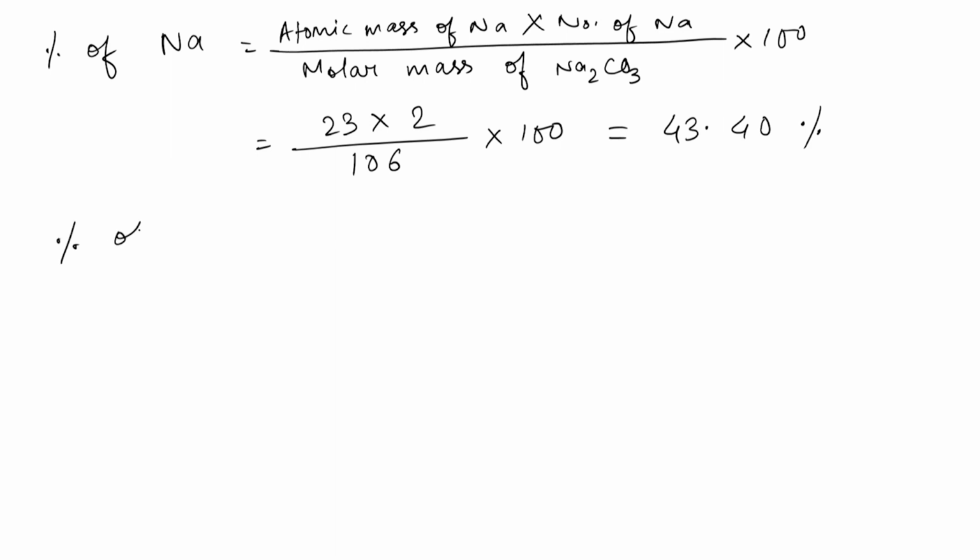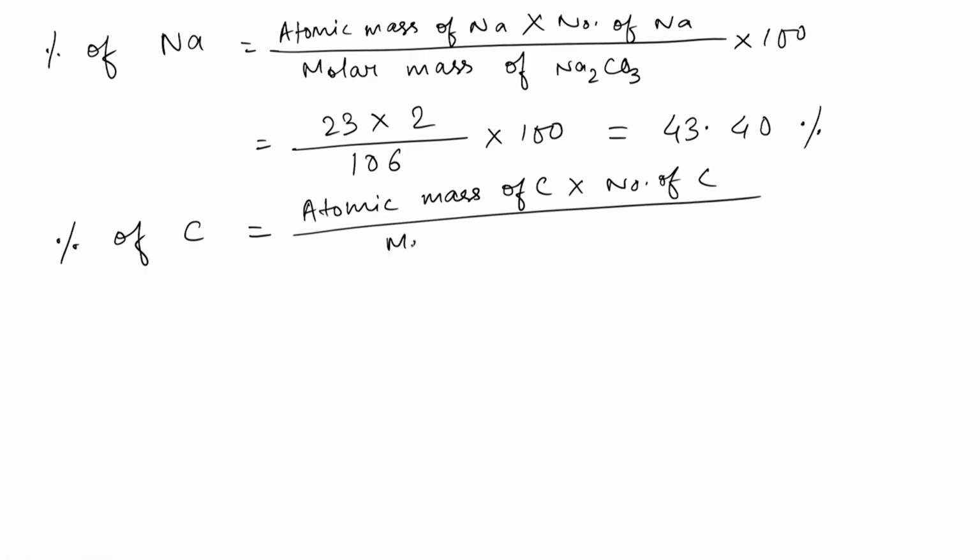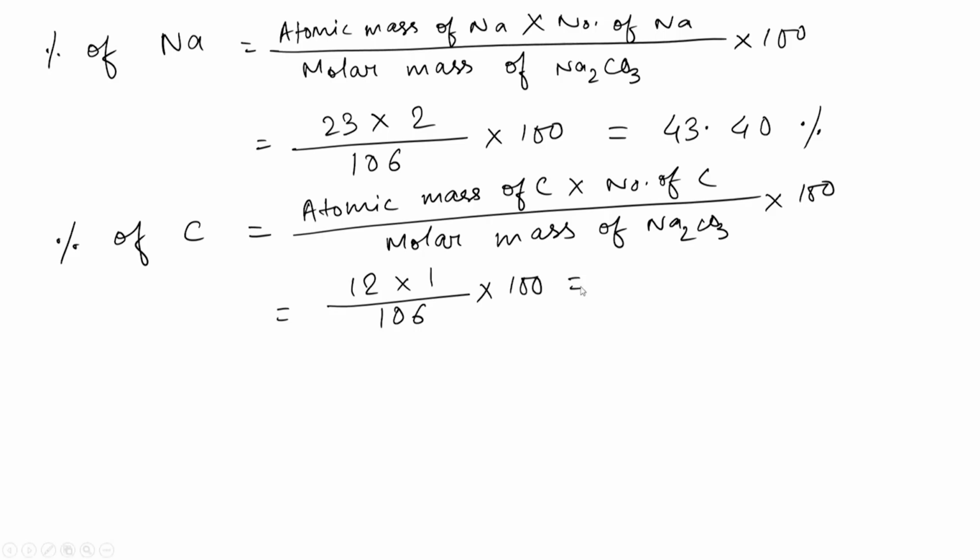Then percentage of carbon. Percentage of carbon is again atomic mass of carbon into number of carbon divided by molar mass of sodium carbonate into 100. So this will be 12 into 1 divided by 106 into 100. This comes as 11.32%.